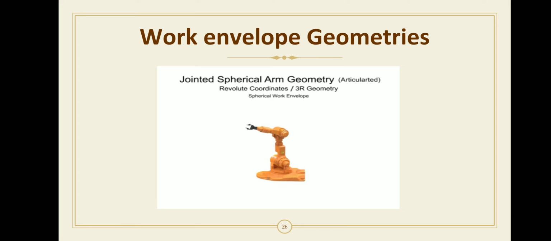An articulated robot or jointed arm robot is the opposite of a Cartesian coordinate robot in the sense that all three major axes are revolute rather than prismatic. Here the first revolute joint swings the robot arm back and forth about the vertical base axis.